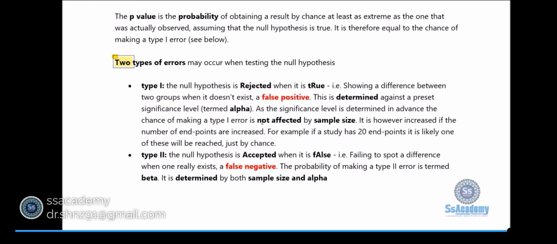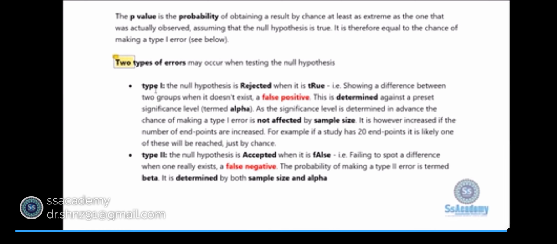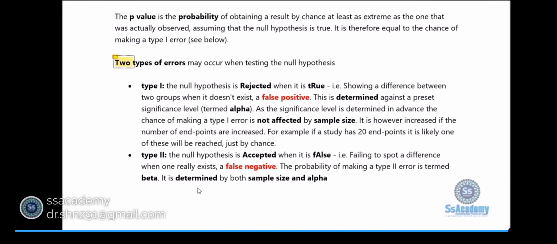So the type 1 error is a false positive, type 2 is a false negative. Alpha is type 1 and this is beta. Once again, type 1 is not affected by the sample size, but type 2 is determined by the sample size and alpha.